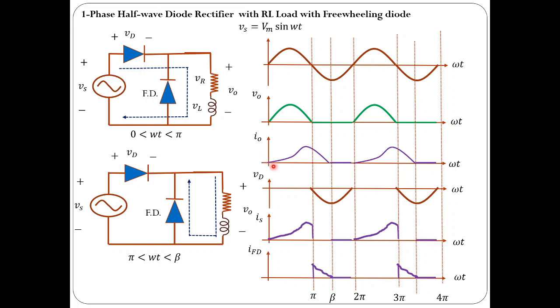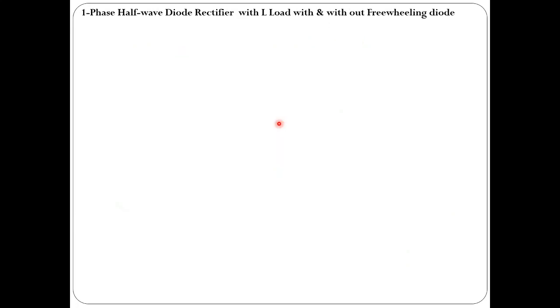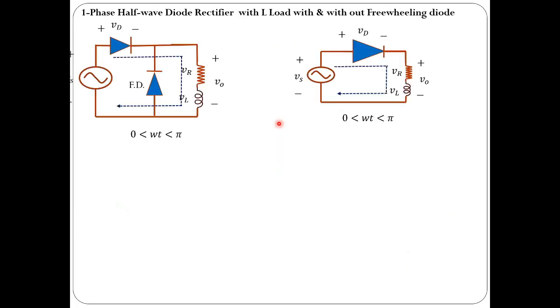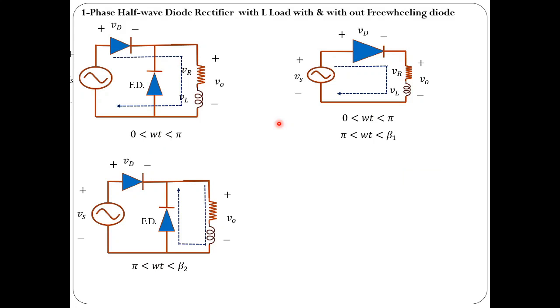So the power absorbed by the load from omega t ranging from 0 to pi, that is during the positive half cycle, is positive. It absorbs power, and during pi to beta, the voltage is negative and the current is positive.